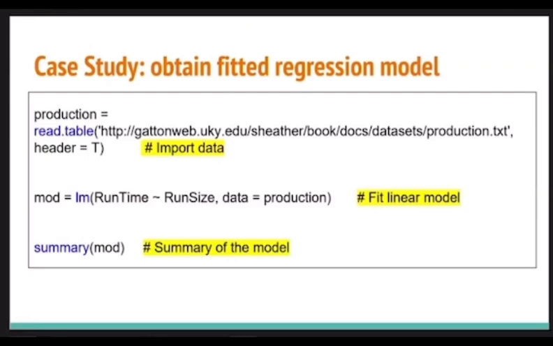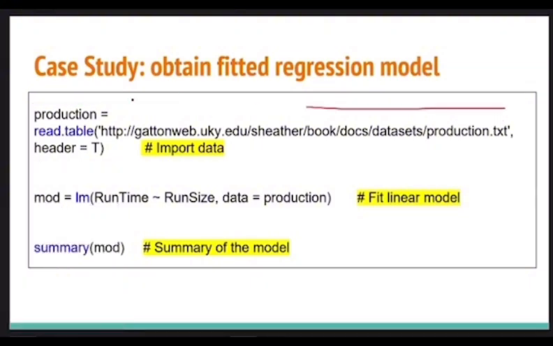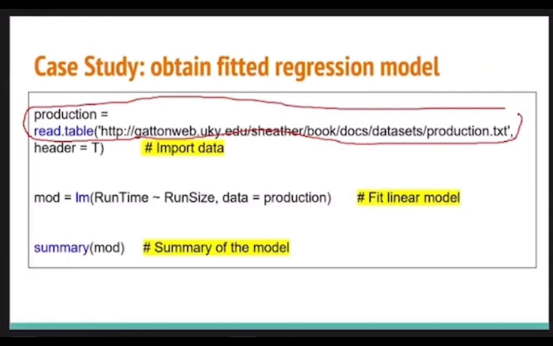This Friday, the TA is going to walk you through how this can be implemented in R. This is the code for my data. The data name is production. The data is online, and if you copy this, you can see HTTP. If you copy this into R and write production, the data will be displayed.